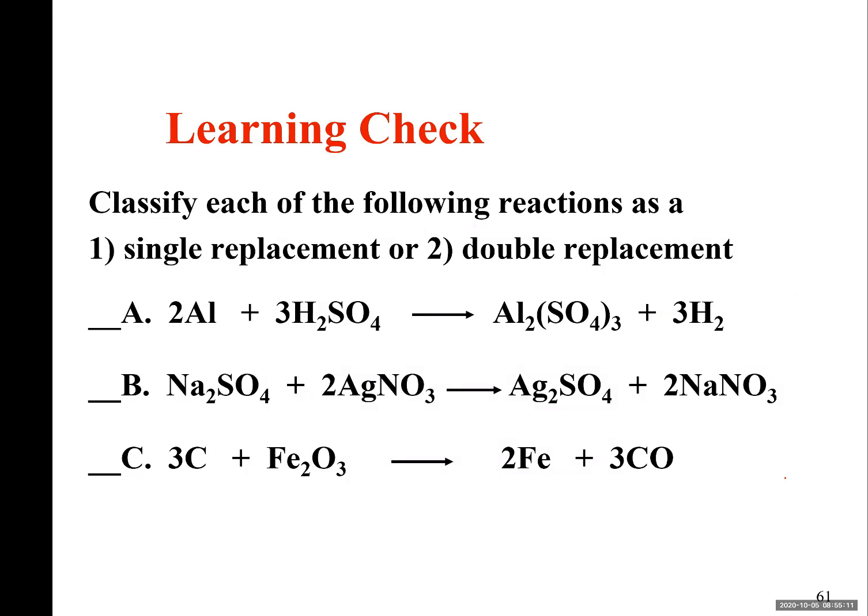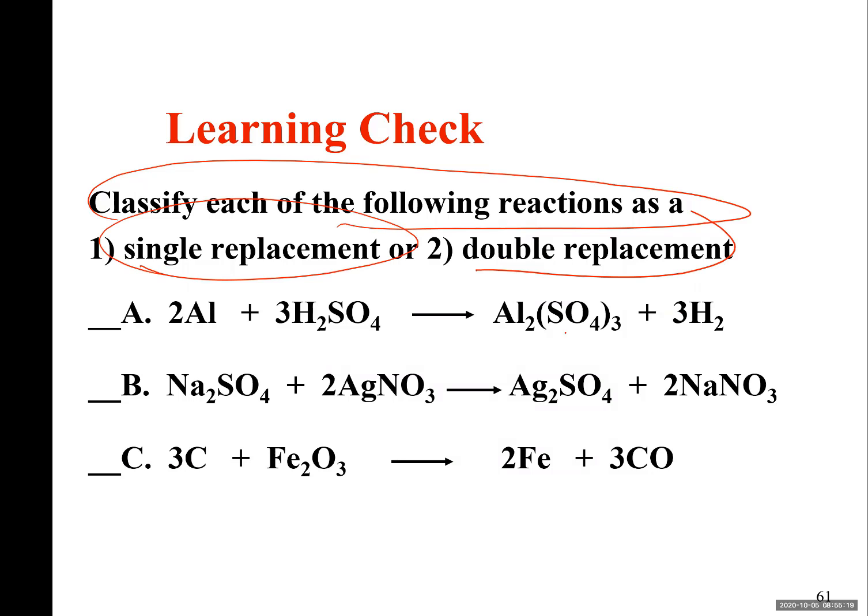So we want to classify the following reactions: are they single replacement or double replacement? If I go through these, if I want to see what is single replacement, do I need a single element which hasn't made a bond? Do you see this is single? It's Al made of one atom only.